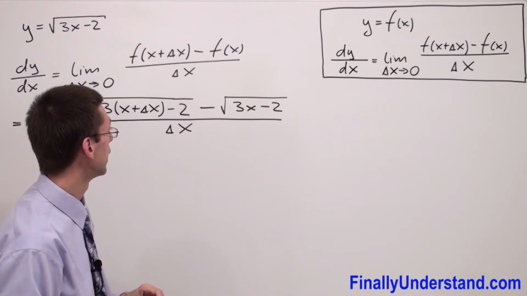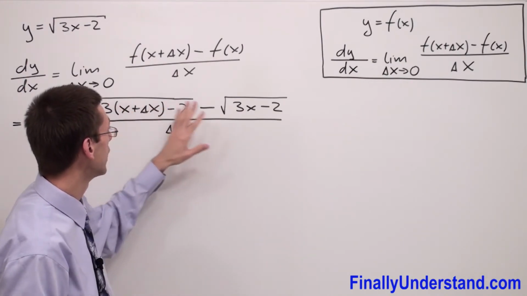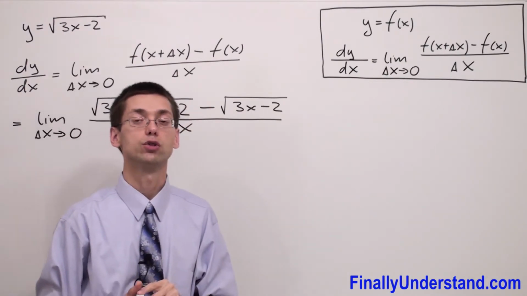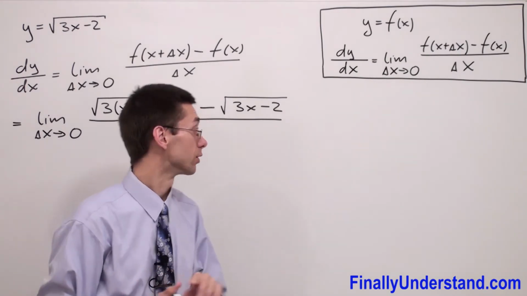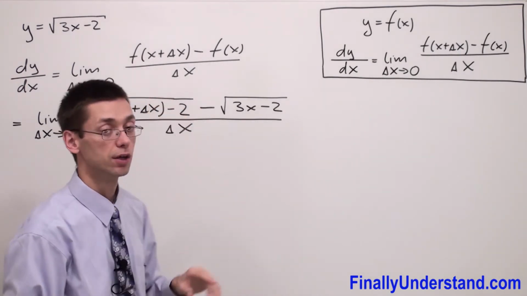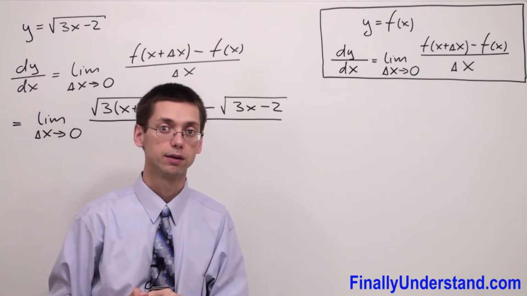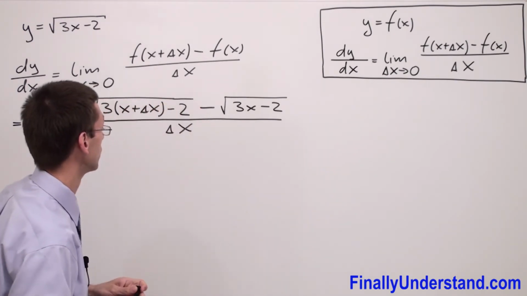In order to eliminate the square roots from the numerator, we're supposed to multiply the numerator and denominator of this fraction by the conjugate of the numerator.